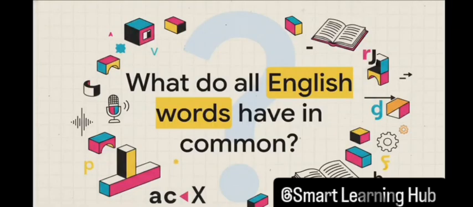So, what do all English words have in common? From a tiny word like run to something crazy like supercalifragilisticexpialidocious? Well, the answer is that every single one of them fits into one of these 8 categories. We call them the parts of speech.